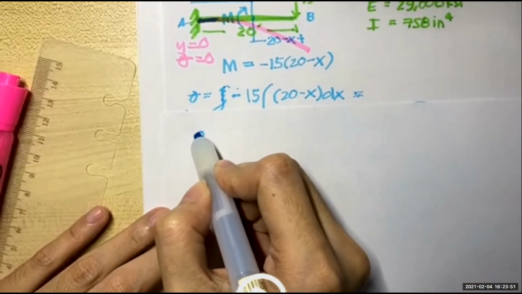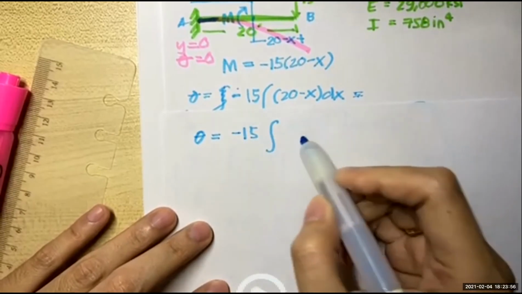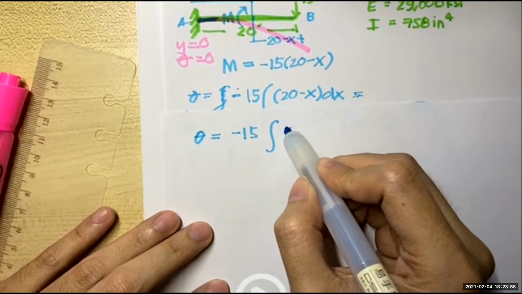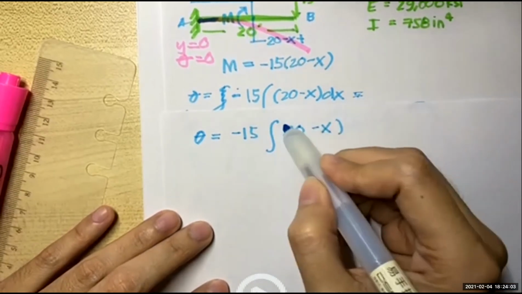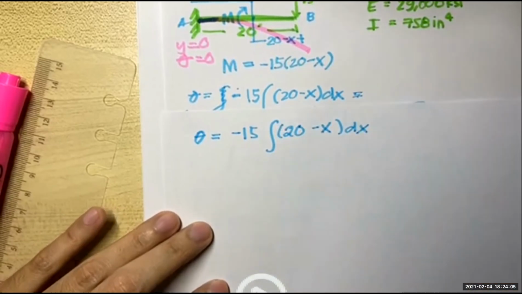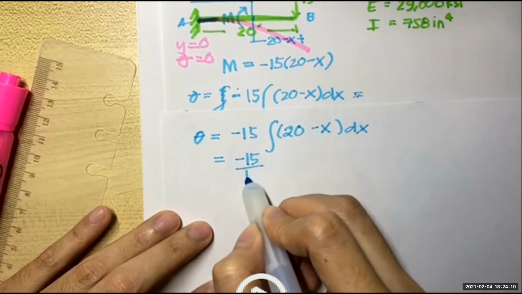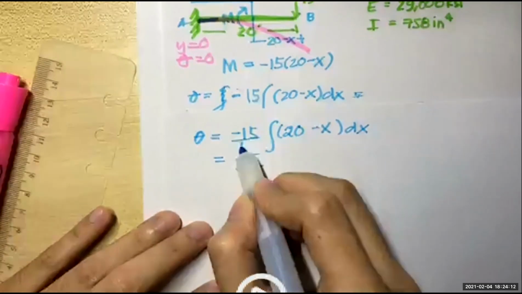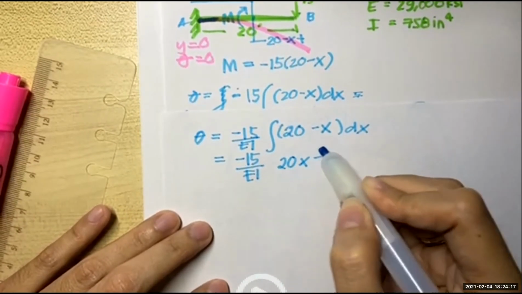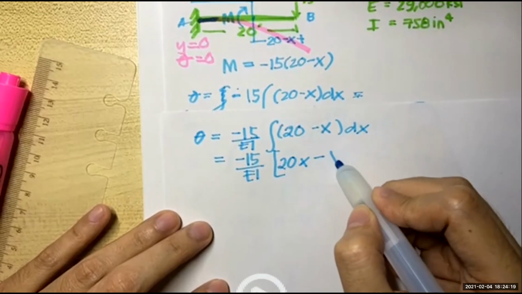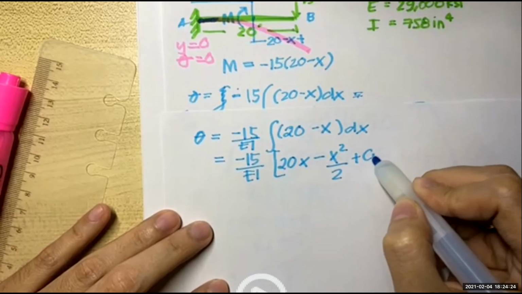So, we have theta is equal to negative 15 over EI, integral of 20 minus x dx. Dapat ganito. And then, integrating it, we have negative 15 over EI, then 20x minus x squared over 2 plus C1.